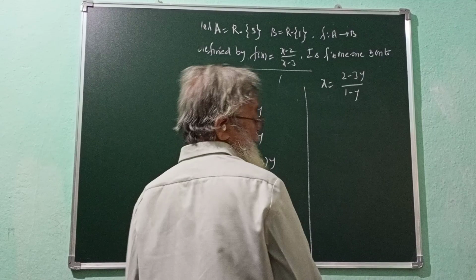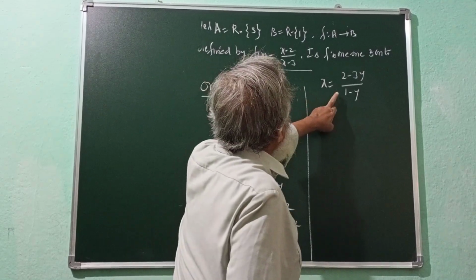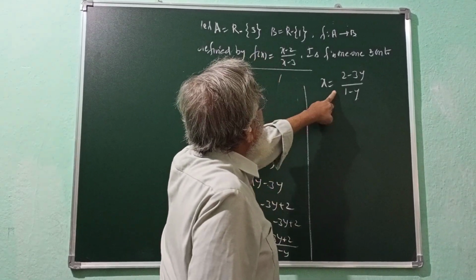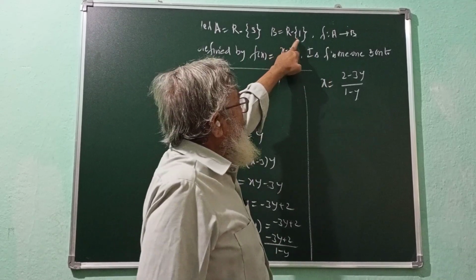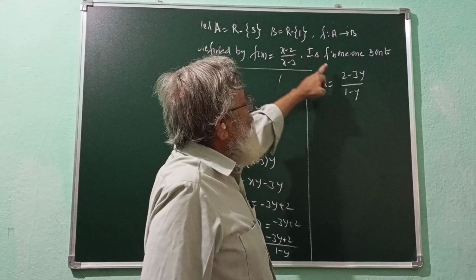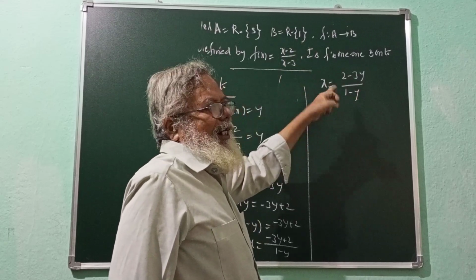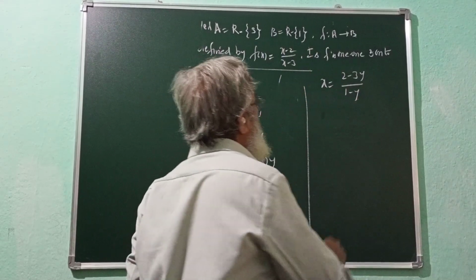Now we have to see at this point whether this quantity belongs to A or not. You know, already 1 is removed from the R. So whatever quantity is there, that must be a real number only. It must belong to B.